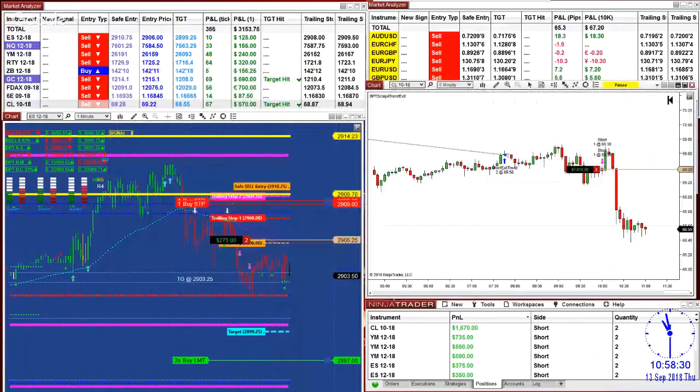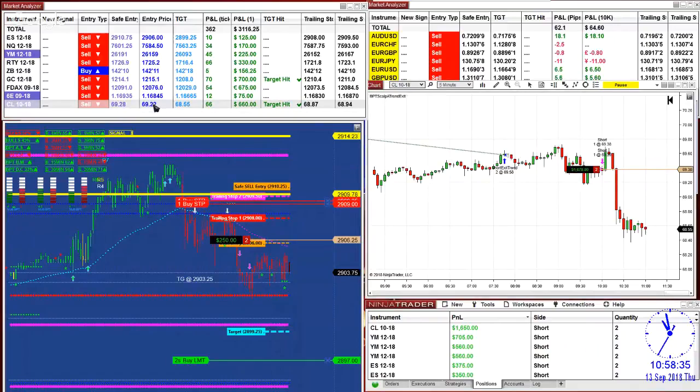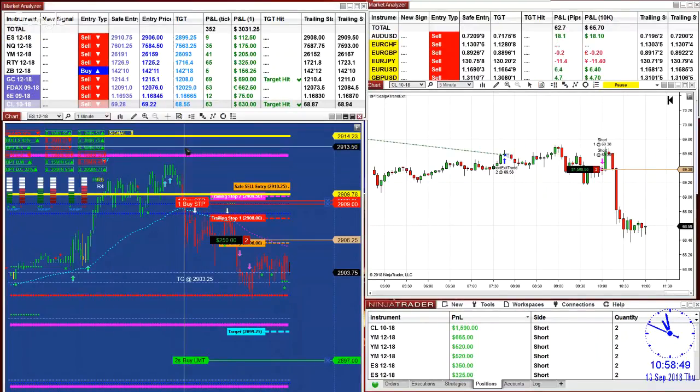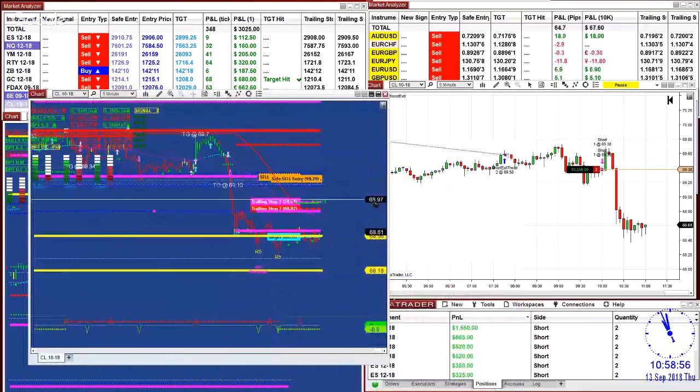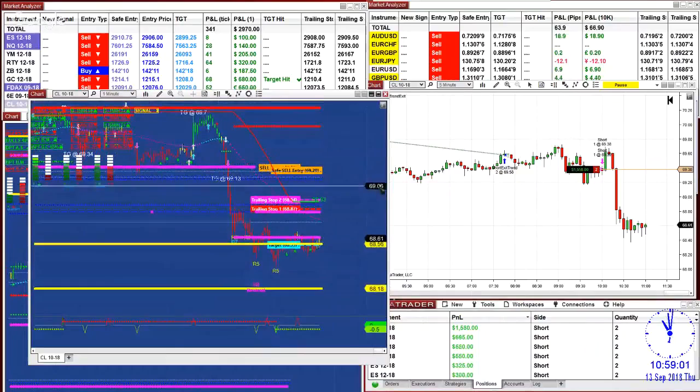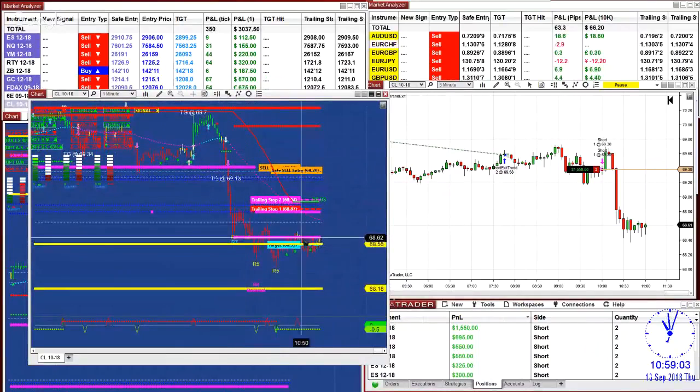And let's look at the CL price action. The price action CL, the entry was 69.22, target 68.55, somewhere around there. We are right in target, and it's getting stuck on this resistance line right now.